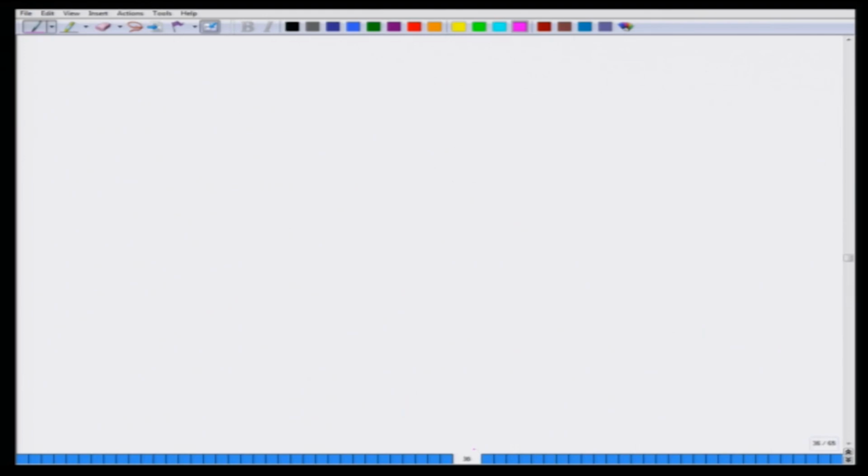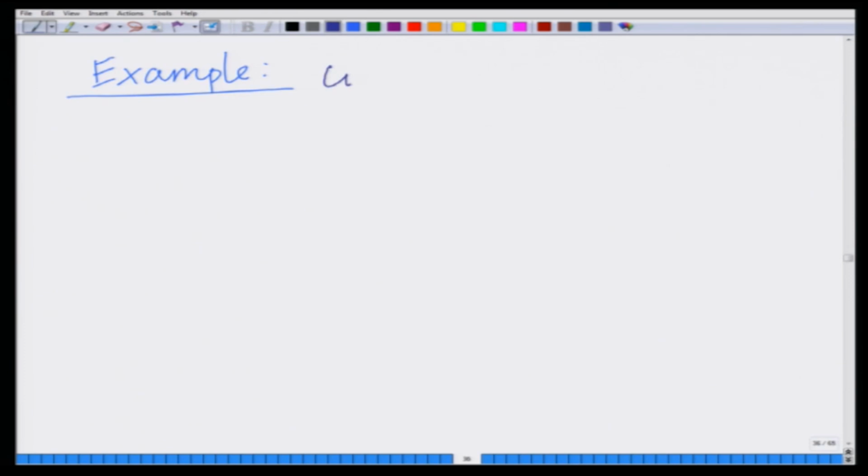Now, let us look at a slightly more refined problem to understand this better. Let us look at this example.